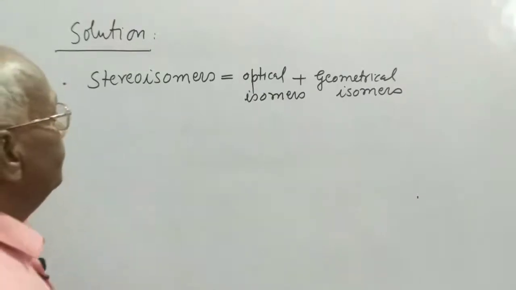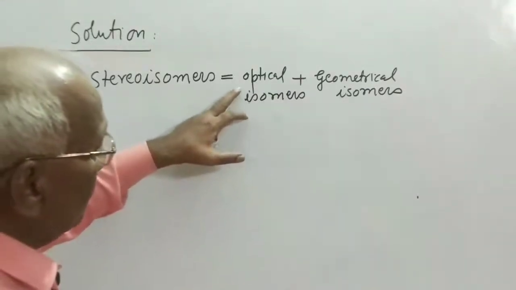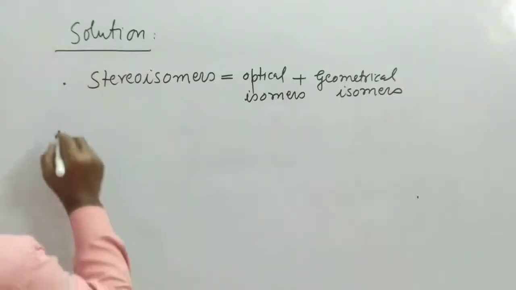Stereoisomer is the collective name of optical isomers and the geometrical isomers.